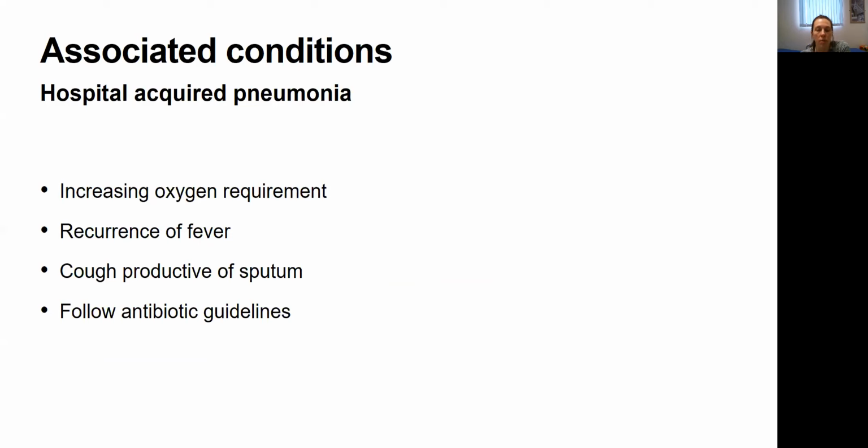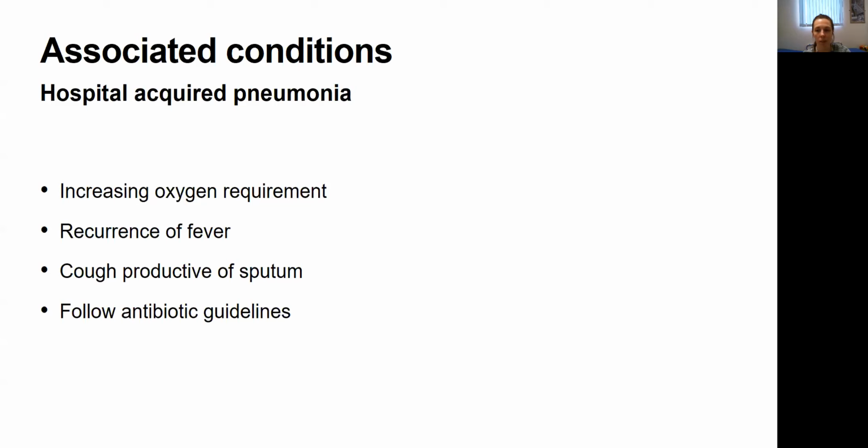Most of the respiratory symptoms of COVID-19 can be attributed to the viral infection and sequelae. However, some patients will go on to develop bacterial superinfection. Within the group of patients who have been admitted and remain in hospital, hospital-acquired infection can be suggested by a new productive cough, recurrence of fever that had previously settled, increasing oxygen requirement, new crackles on auscultation, or suggestive features on a chest x-ray.